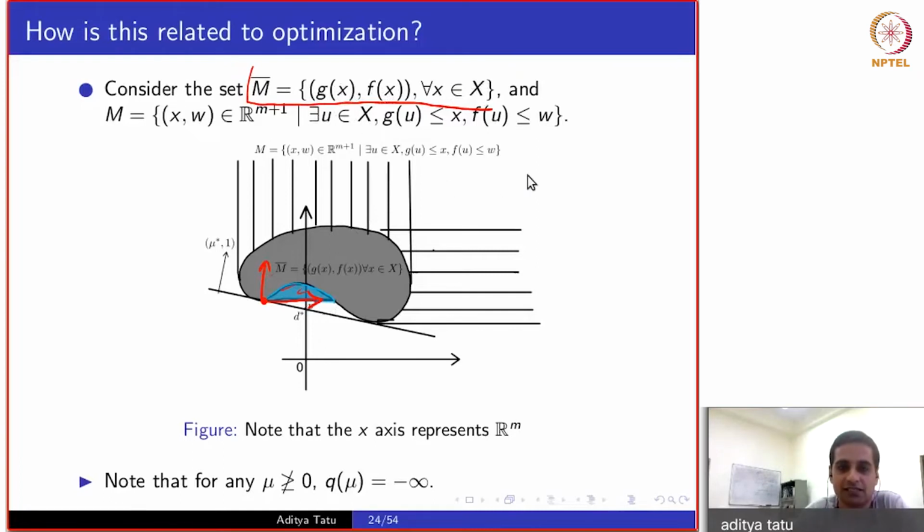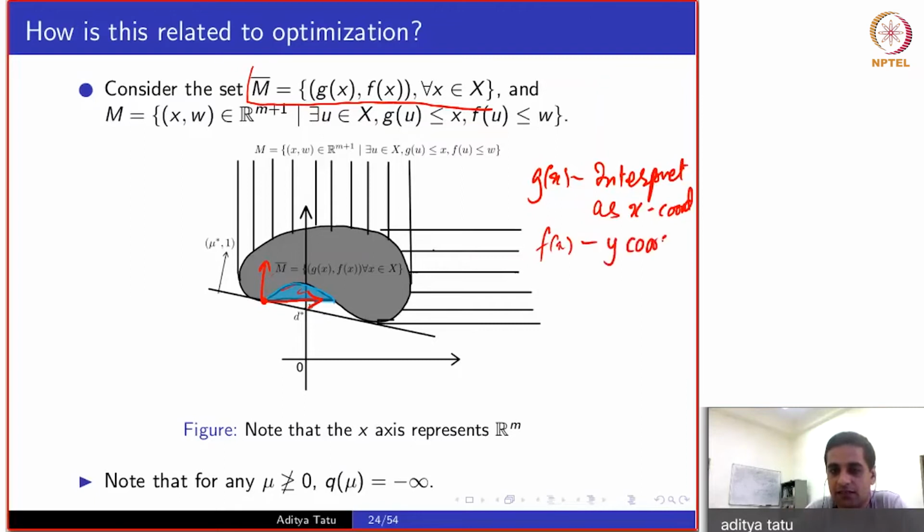Make sense? Okay, sir. Interpret g(x) as the x coordinate, f(x) as the y coordinate, for every x in the capital X set. That is how you get this gray shaded set M bar.